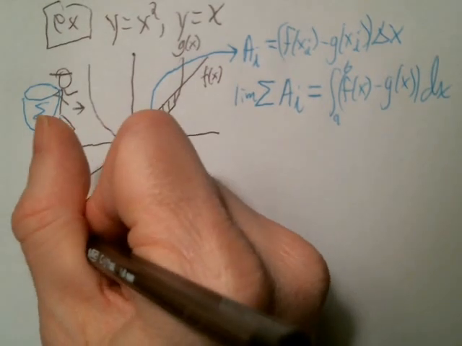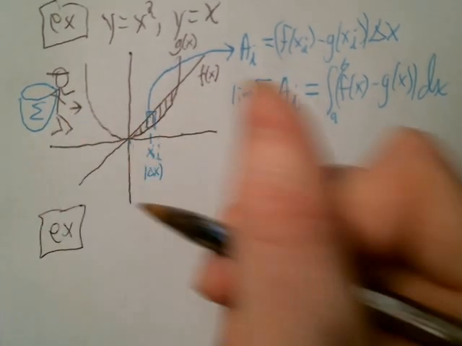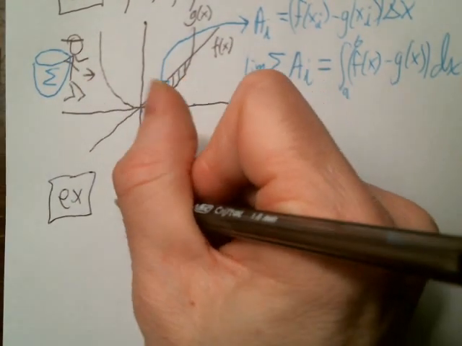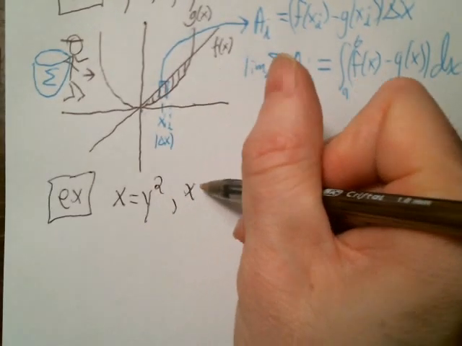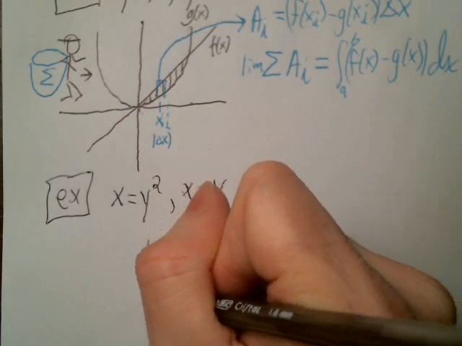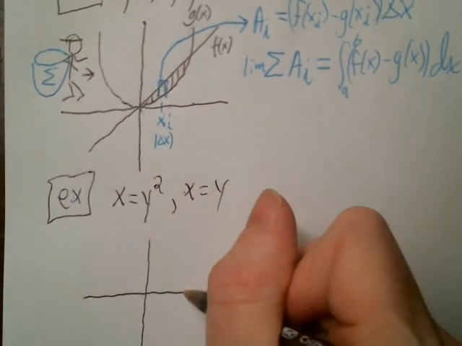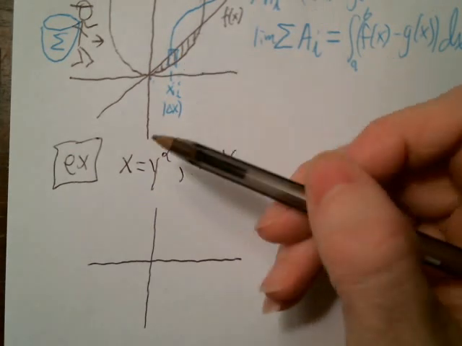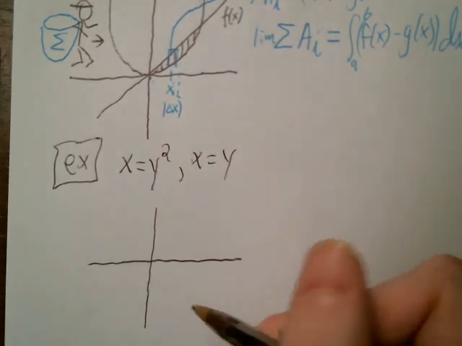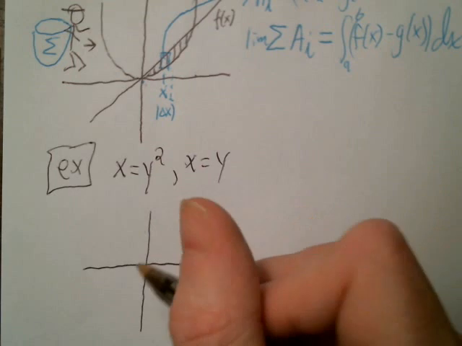There's another orientation to worry about though, right? So in particular, if we had something like x equals y squared, and then again x equals y, and we're trying to find the region enclosed by those, it's not a perfect sort of reflection, right? To get these guys, it's a change in orientation, really.